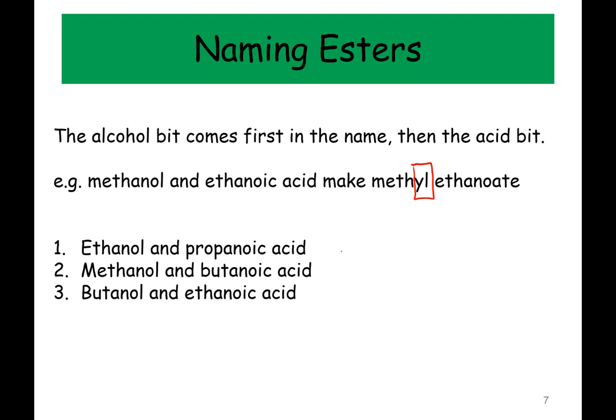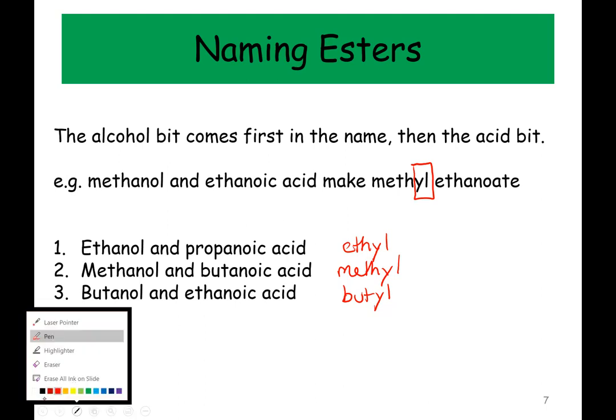Okay, so if you're using ethanol, you will get ethyl something. If you're using methanol, it will be methyl something. If you're using propanol, it will be propyl something. And if you're using butanol, it will be butyl something.